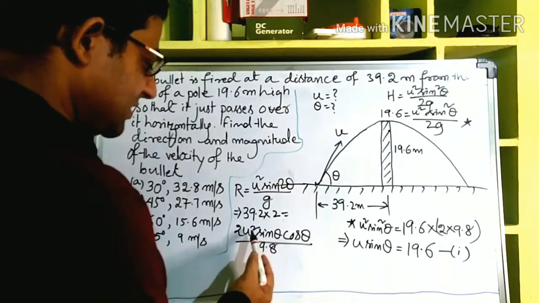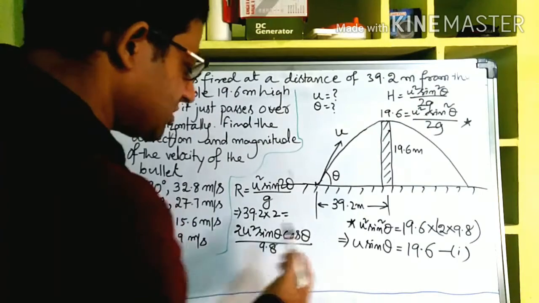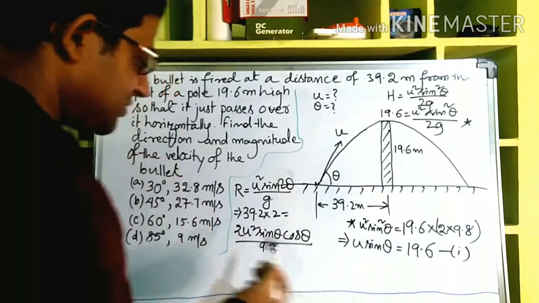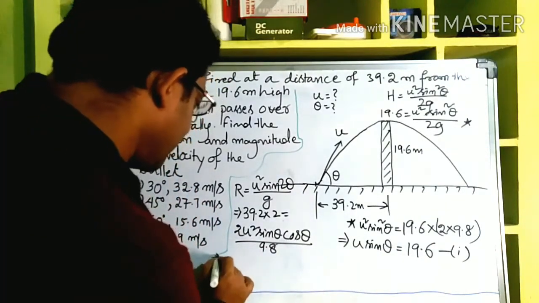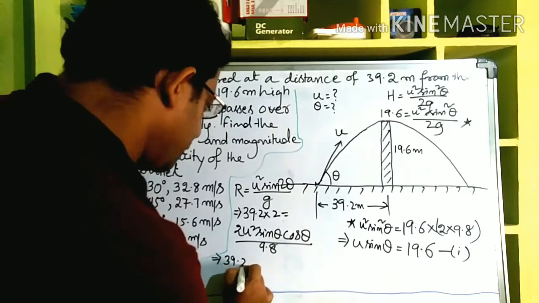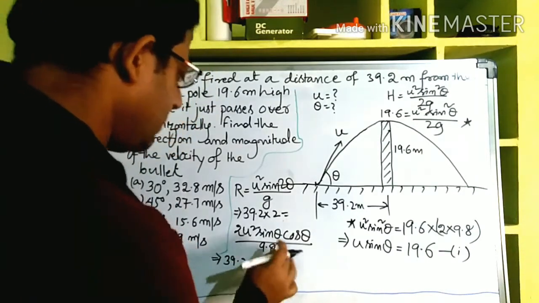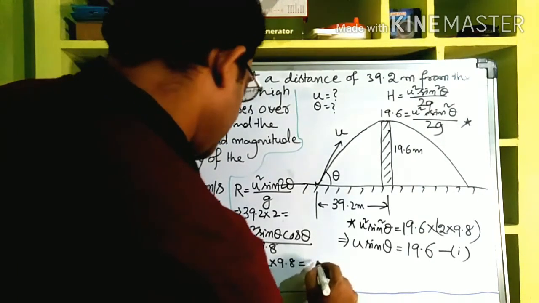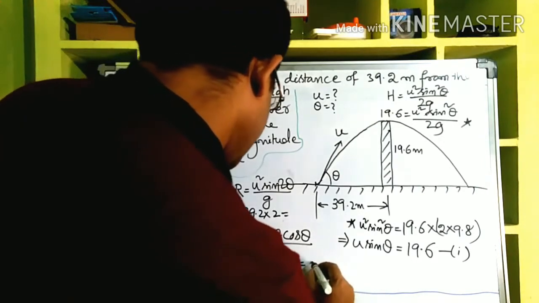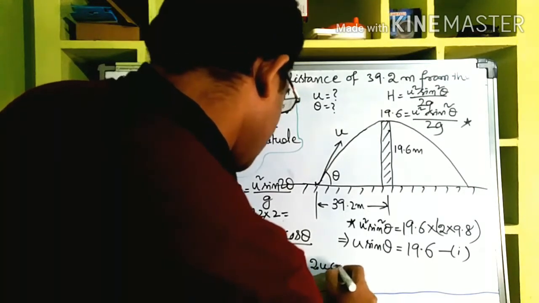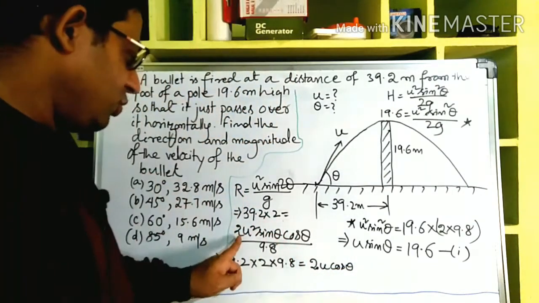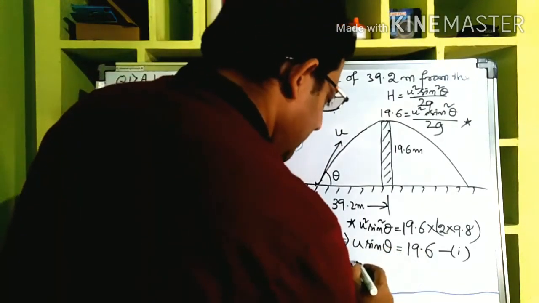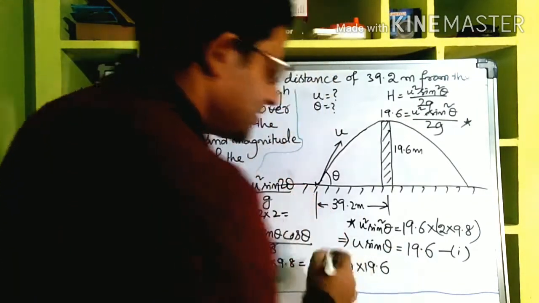Now see, this is u sine theta multiplied by u cos theta, and u sine theta is what we got from equation 1. Substitute that value here: 39.2 multiplied by 2, and this 9.8 goes to this side, multiplied by 9.8, is equal to 2 times u cos theta multiplied by u sine theta, and for u sine theta I am putting the value 19.6 from equation 1.